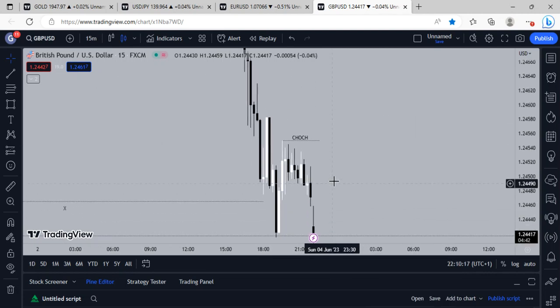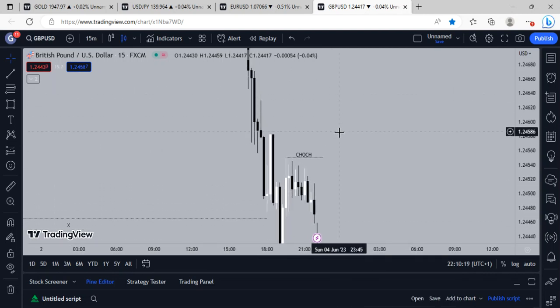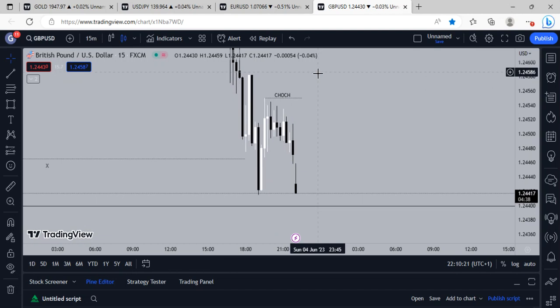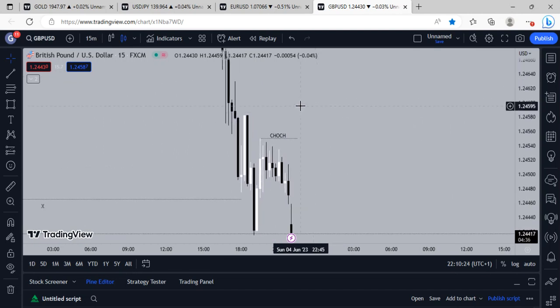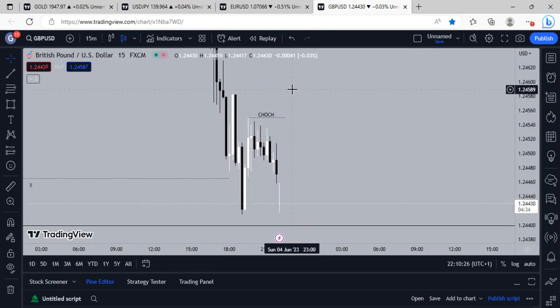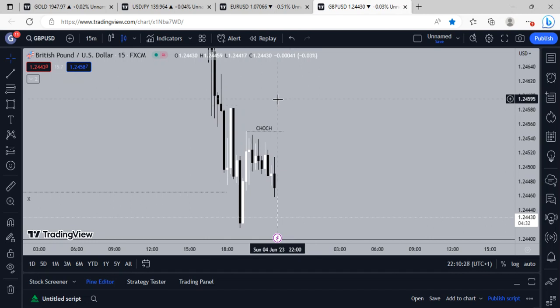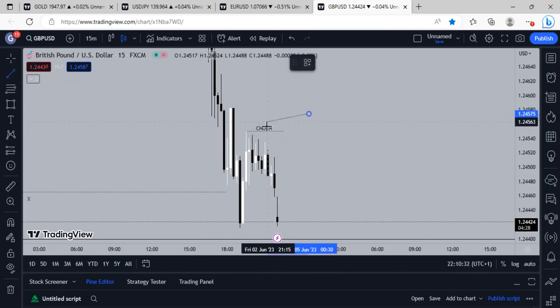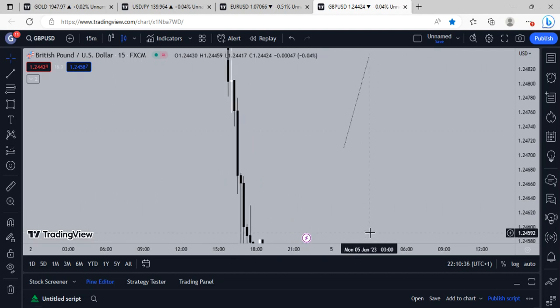So I will not take any buying positions. So far I'll not take any buys as yet, not until price breaks and closes above the chalk and I can look for entries.